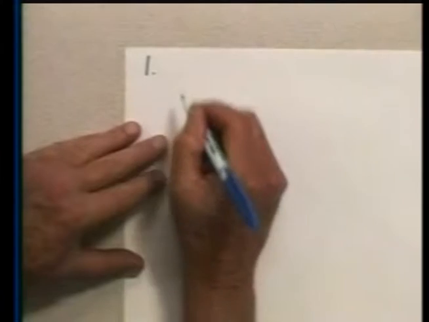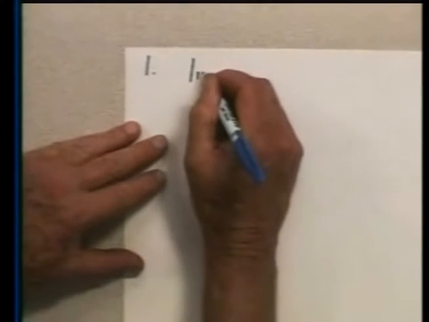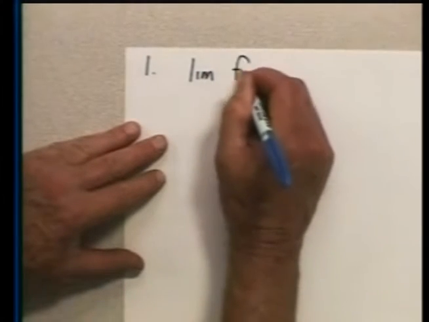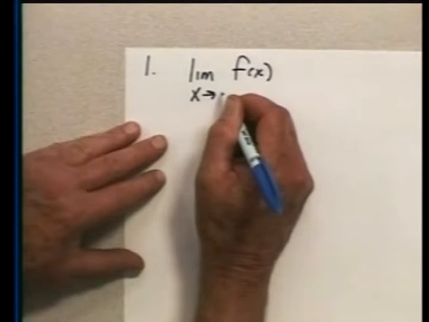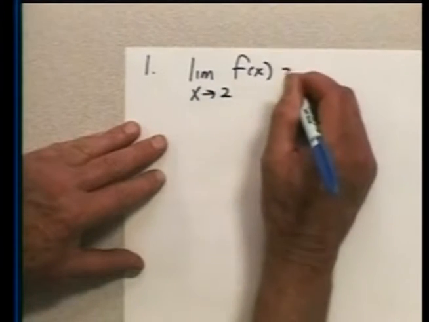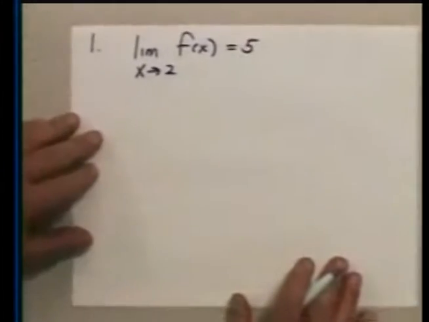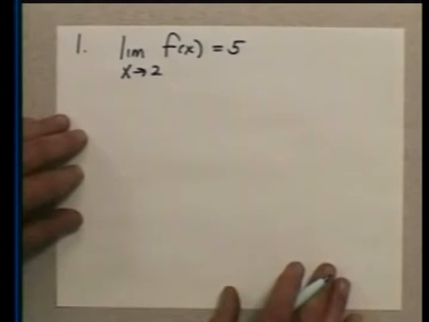Okay, the explanation for number 1. First of all, this is the question. The limit of some function f of x as x approaches 2 is equal to 5. I could make up lots of functions where that's true, right?